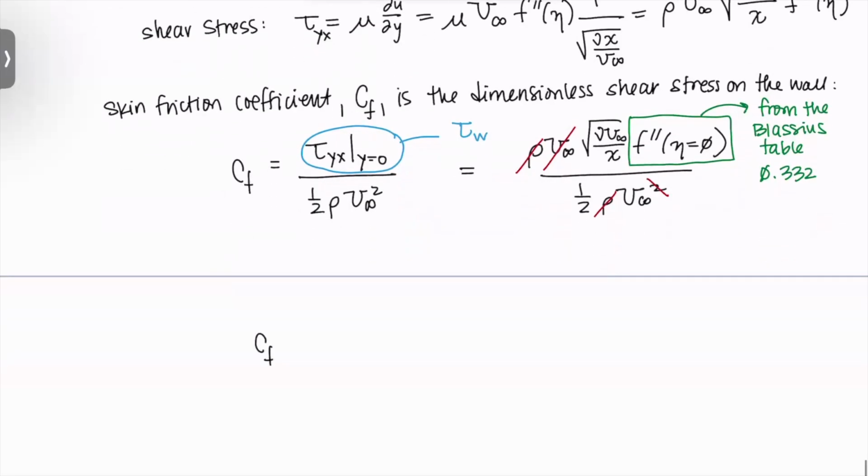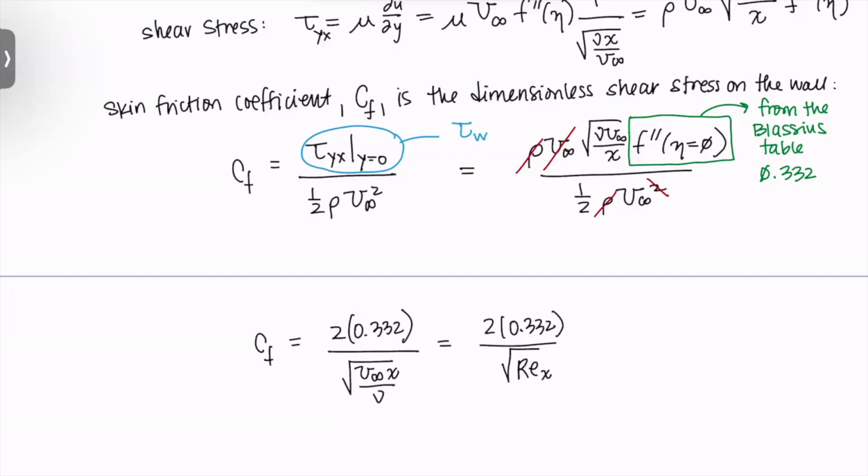So we have CF is 2 times 0.332 over square root of u infinity x over nu, which is 2 times 0.332 over the square root of the Reynolds number relative to the x location.